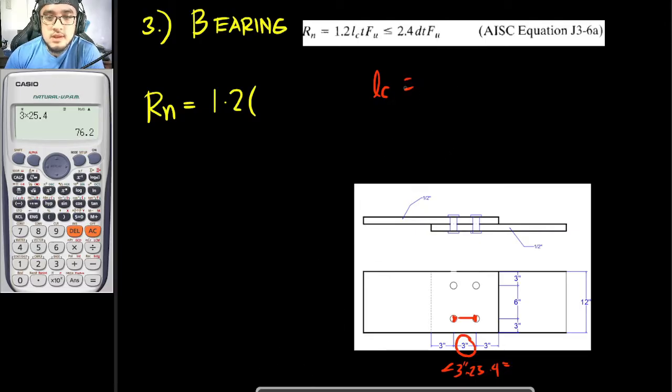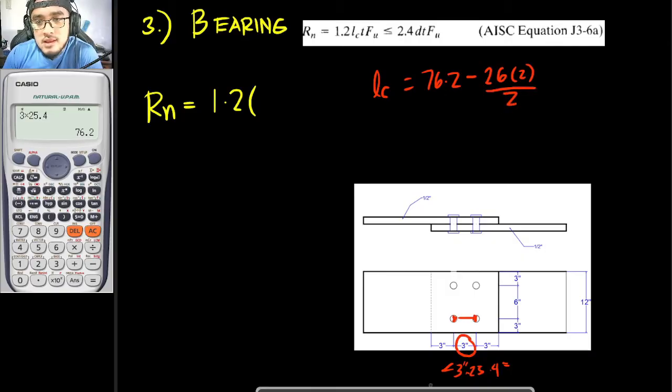So ito dapat 76.2 minus 26 times 2 over 2. So bakit times 2 over 2? Kasi dapat yan, 26 divided by 2 times 2, kasi itong part na to is just to be half of 26, which is 13. And this one right here is to be 13.